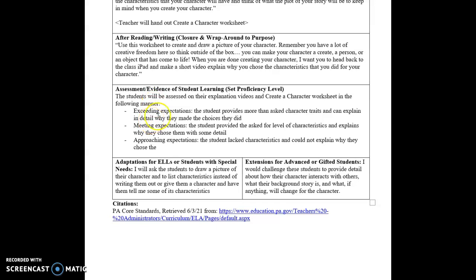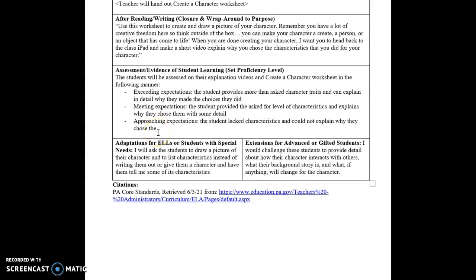So for the assessment, I would assess their video and worksheet. Exceeding expectations would be the student provides more than asked for when it comes to the characteristic traits, and they can explain why they made the choices they did for how they developed the character. Meeting expectations would be the student provides the asked for level of characteristics and explains why they chose them with some detail.